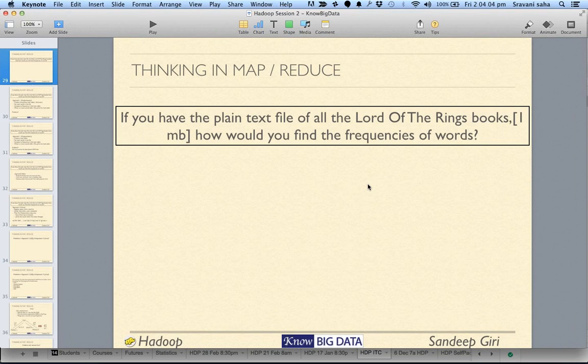Is the problem statement clear? If in real life somebody gives you this assignment, what are you going to do with it? What will be your approach?